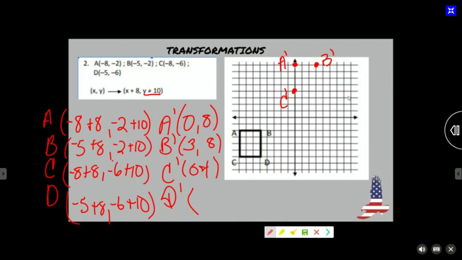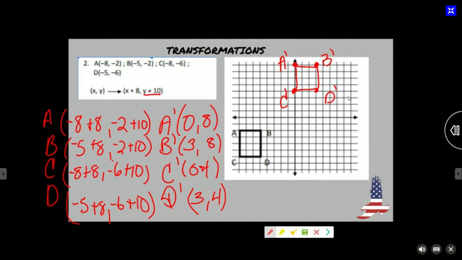Negative 5 plus 8, and negative 6 plus 10. So I'm going 3 and 4. That's my D prime.